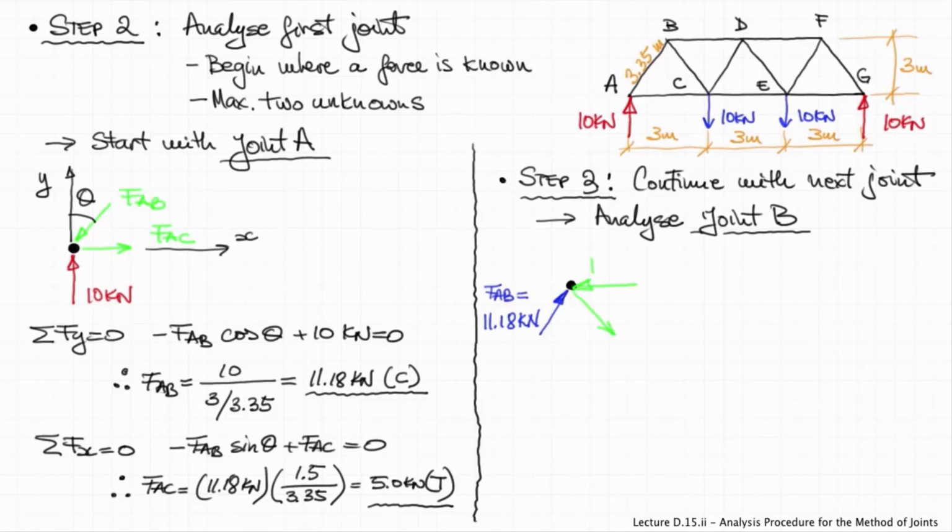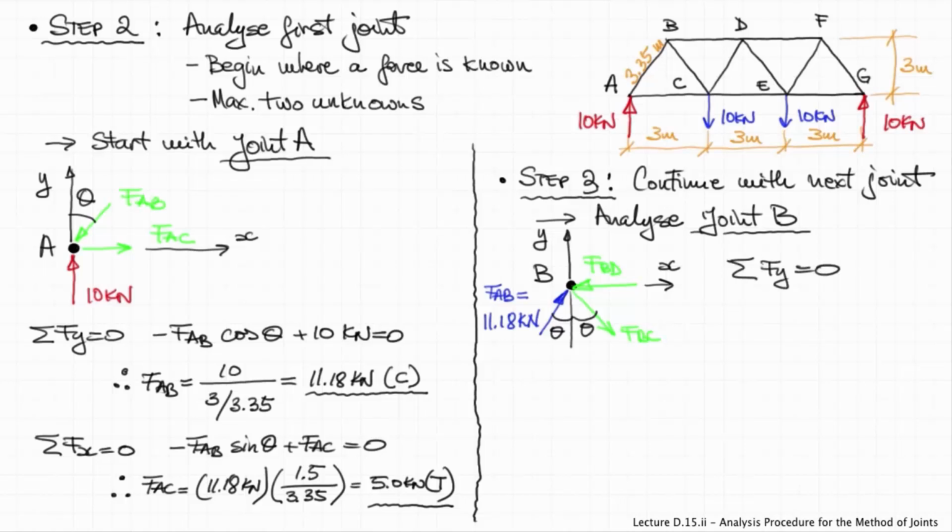So it's pushing into this joint, right? It's pushing into both joints at the ends of the member. So pushing into the joint at A and pushing into the joint at B. And I'm assuming that FBD is also in compression and FBC is in tension. Just a guess.